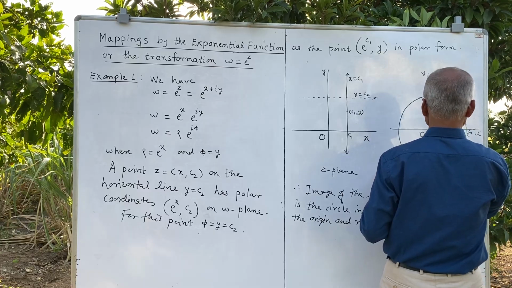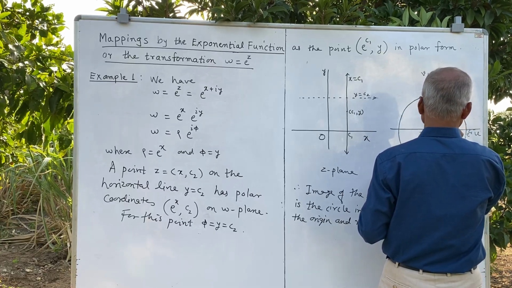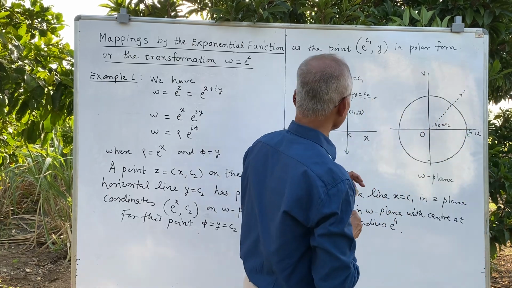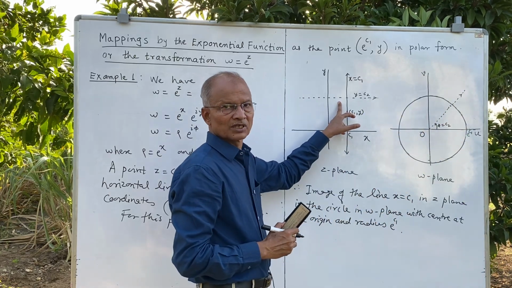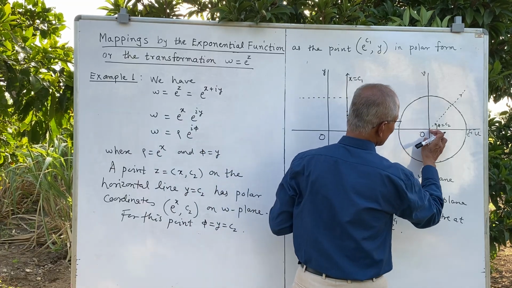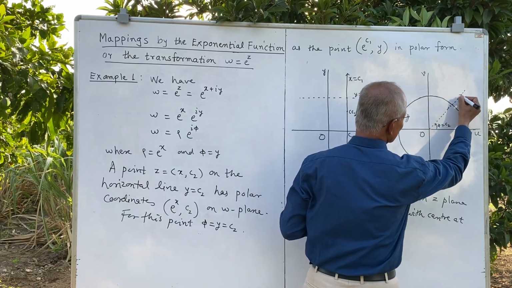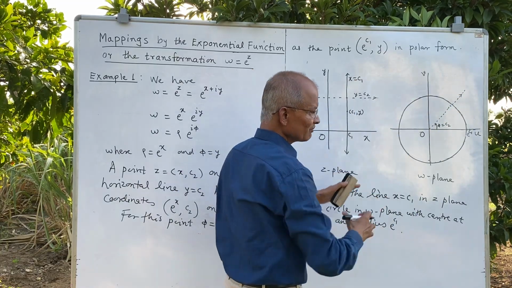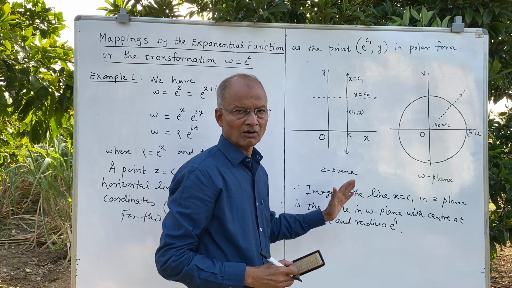This angle is C2, phi is equal to C2, and thus every point on this line y is equal to C2, which is shown by a dotted line, is mapped on this line phi is equal to C2. It is an infinite line, and this line is also infinite, and therefore this mapping is 1 to 1 onto.